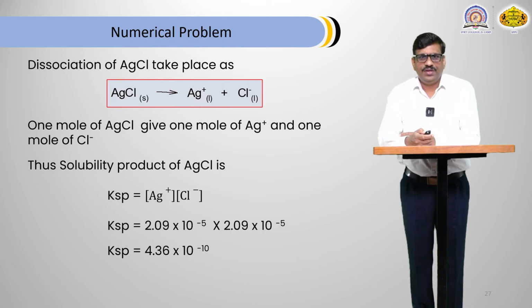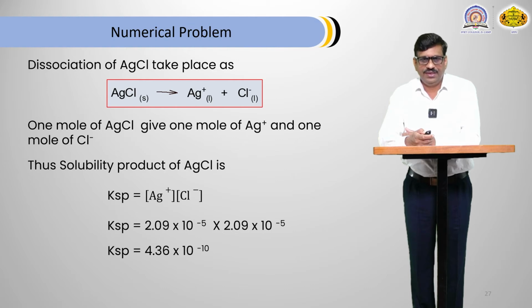Now dissociation of AgCl takes place as AgCl is equal to Ag plus and Cl minus. 1 mole of AgCl gives 1 mole of Ag plus and 1 mole of Cl minus. The solubility product of AgCl, Ksp, is equal to concentration of Ag plus into concentration of Cl minus.